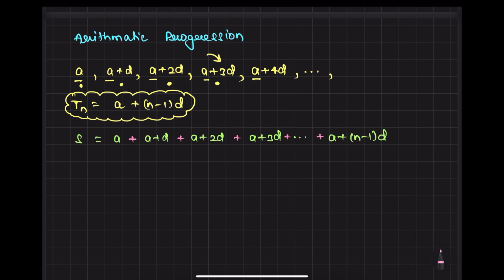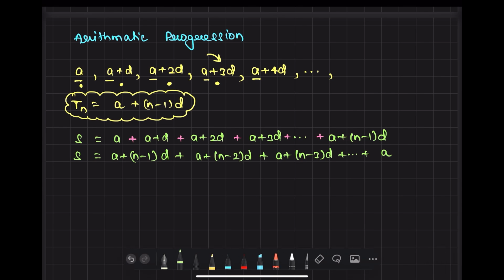Okay, suppose that the sum of these things is s. Now I will be writing same thing but the order will be reversed. So s again, last term first, a plus n minus 1d, then a plus n minus 2d, then a plus n minus 3d dot dot dot, and then a. Okay, again I'll change the color.